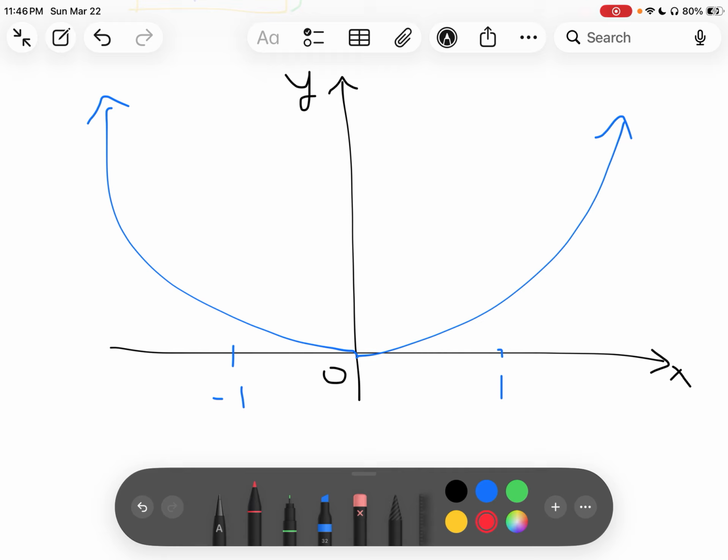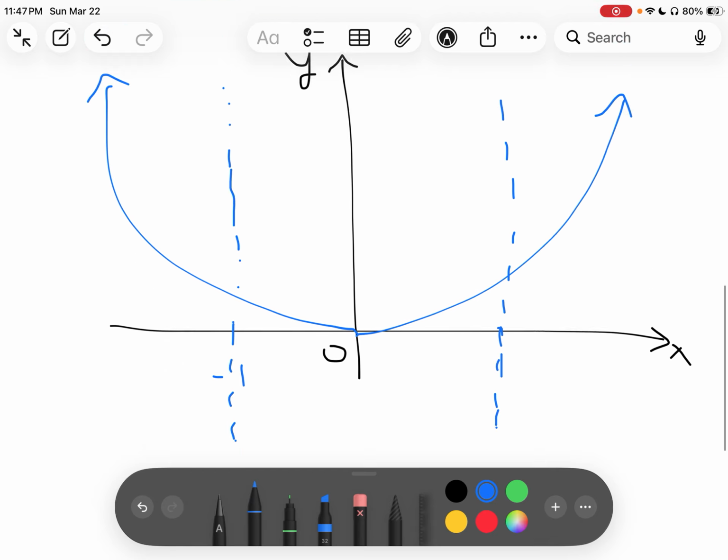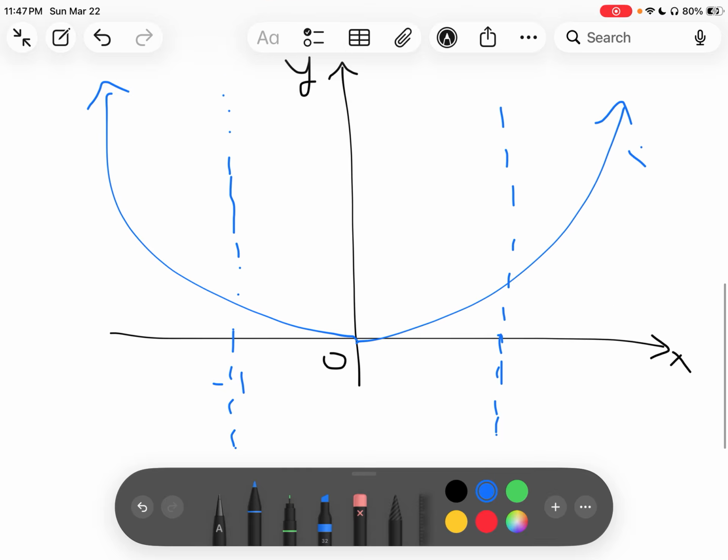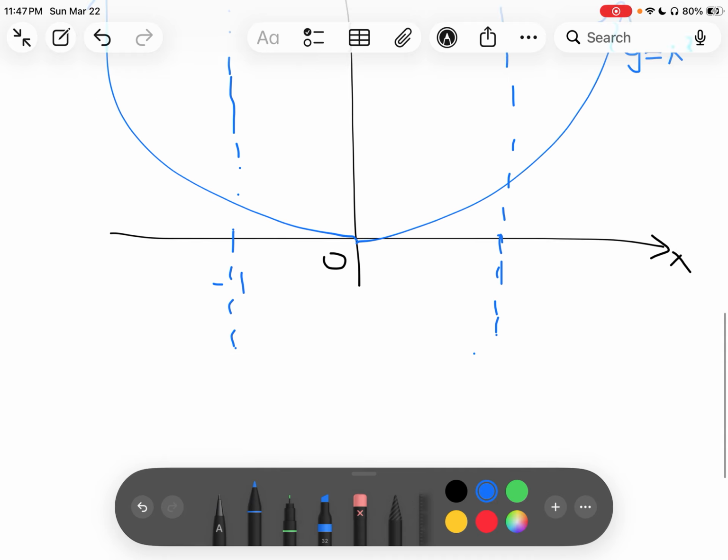And we know x is not equal to negative 1, so actually, I'm going to draw a dotted line here like this. This is y equals x squared. This is x equals 1. This is x equals negative 1.